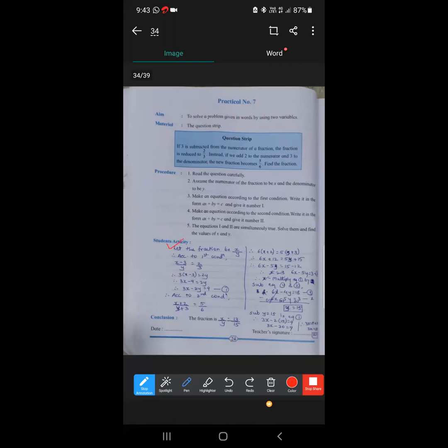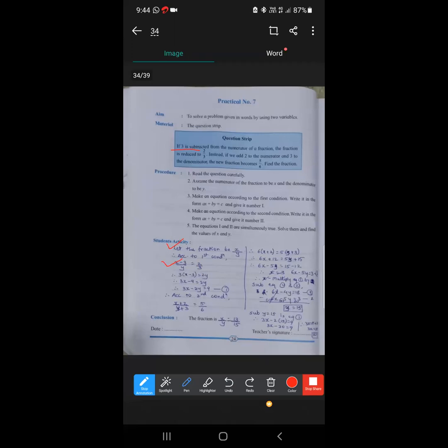According to the first condition, 3 is subtracted only in the numerator. So (x minus 3) upon y is equal to 2 upon 3. After subtracting 3 in the numerator, the fraction is reduced to 2 upon 3.